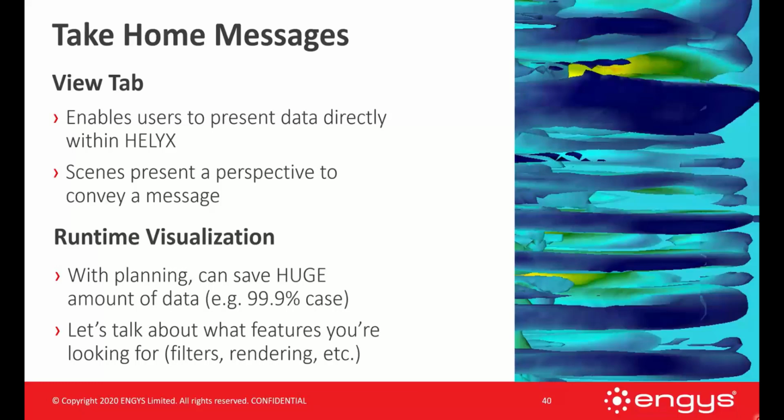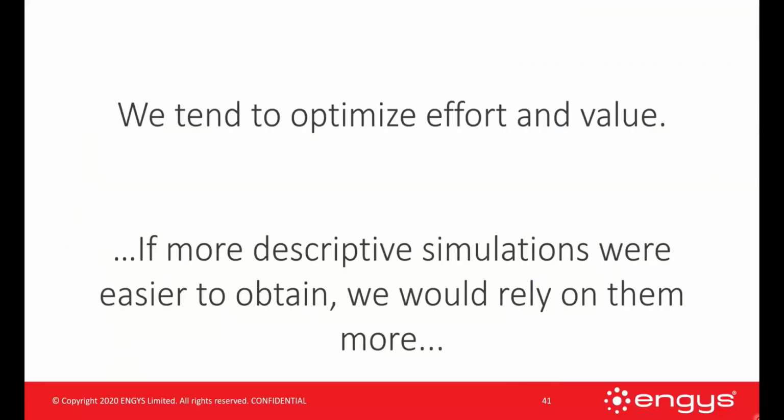What kind of filters are we talking about, rendering? Are we talking about other data output to other software? I'm interested to hear exactly what people are concerned about and what they would like to see in their day-to-day operations.